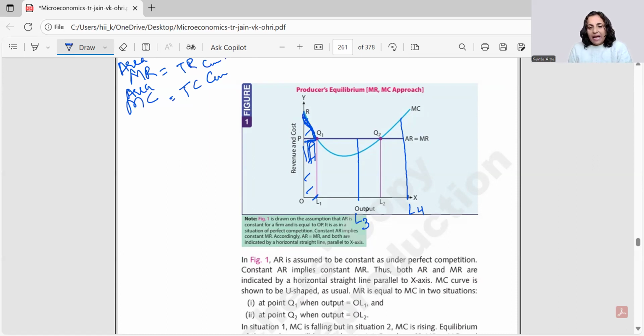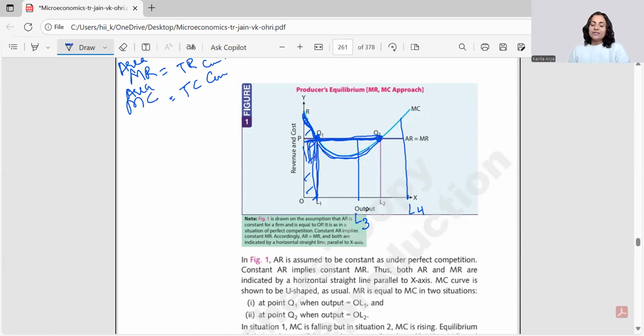How? Because in this level, after Q1 quantity and the L1 level of output, his costs are low but his revenues are higher. So his TR is more and TC is less. So here he starts earning profits. That's why he is at equilibrium at this point.